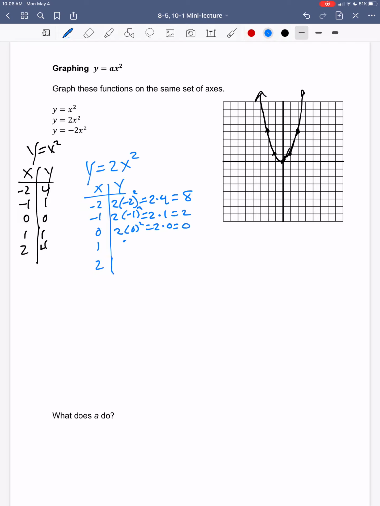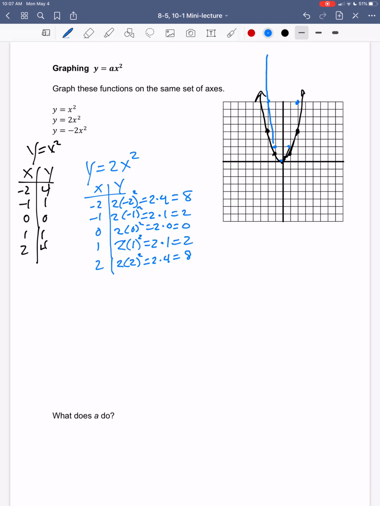And the same sort of thing happens when I plug in the positive values for x. We've got this symmetry. Parabolas always have symmetry. So I've got negative 2, 8, so that's all the way up here. Then I've got negative 1, 2. I've still got 0, 0. Got 1, 2, that would be here, and then 2, 8 up here.